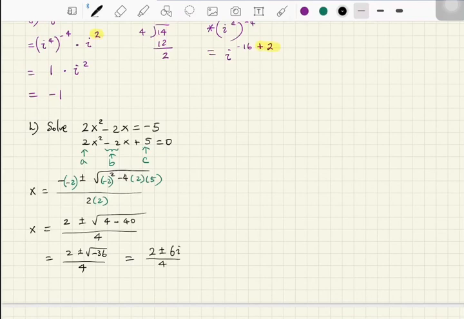Simplifying everything, we end up with 2 over 4 plus or minus 6i over 4, which is 1/2 plus or minus 3 over 2 i. And that is 2 answers. For this situation, you do not need to break it down into 1/2 plus 3i over 2 and 1/2 minus 3i over 2, it is the same thing. We cannot really continue from that point, so we just leave it like that.